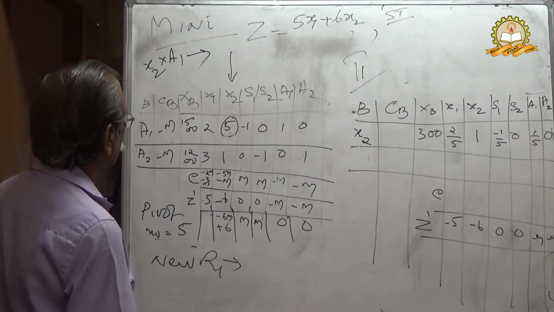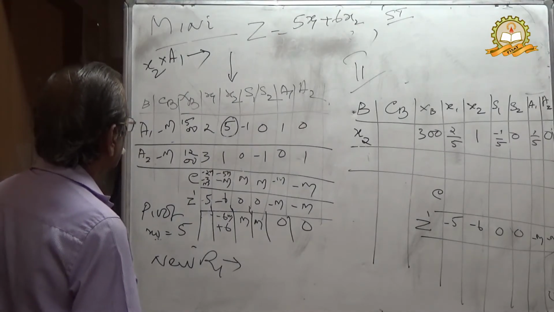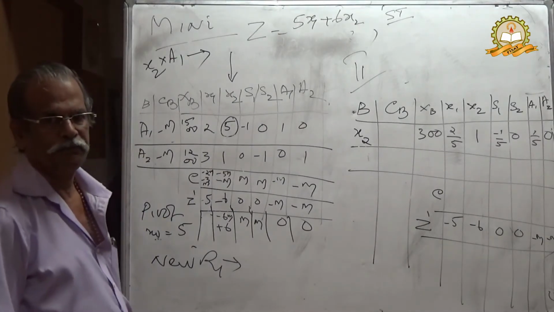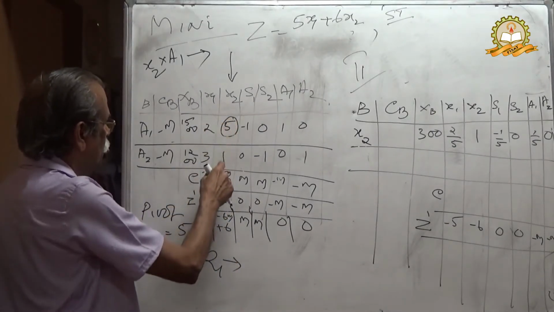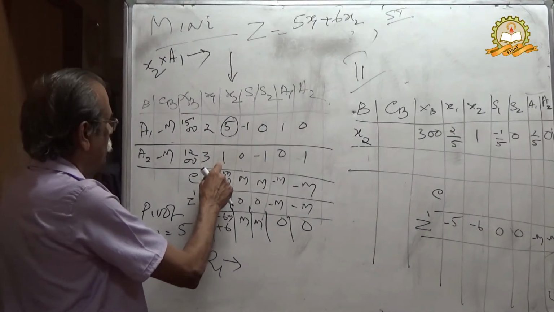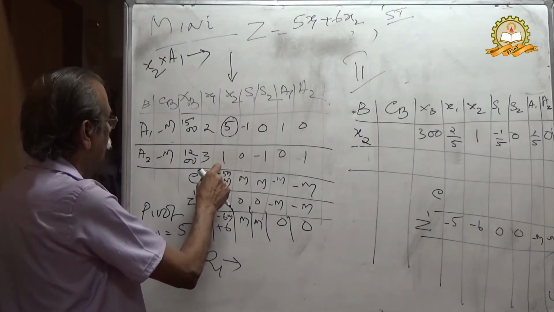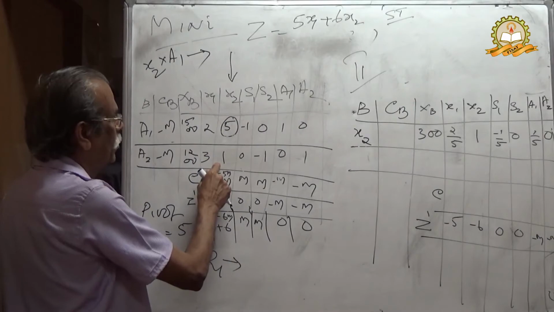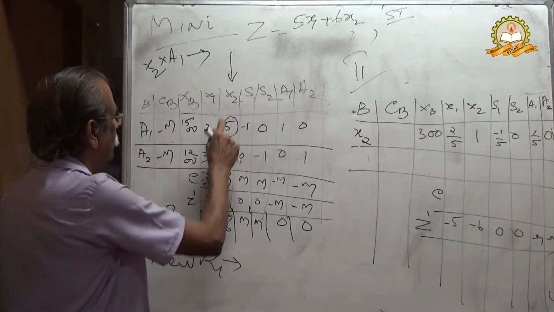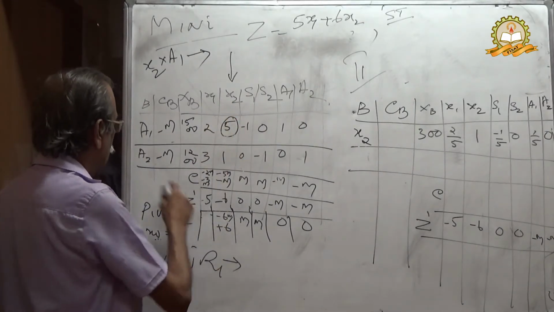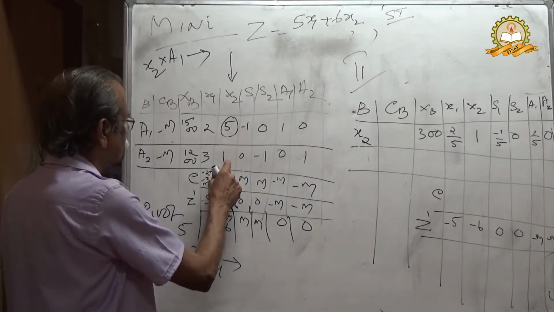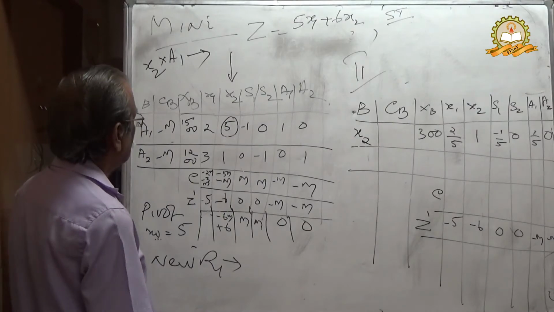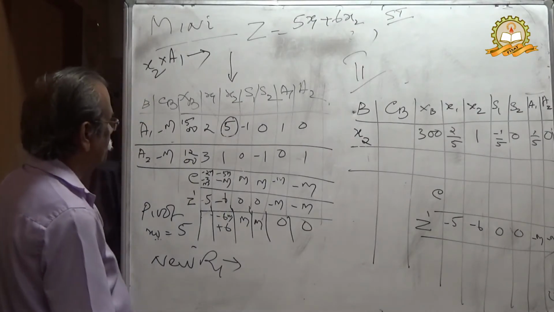Here, row number 2. Your job is, under the X2 column and row A2, to make the value 1 under the X2 column, and the cell value under A2 should be made into 0.